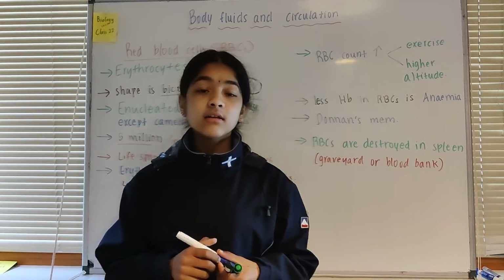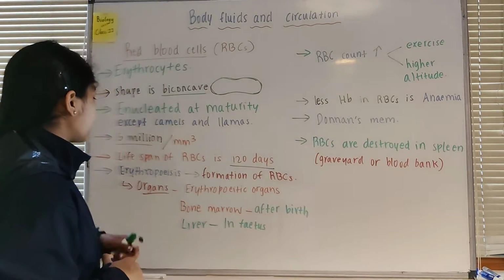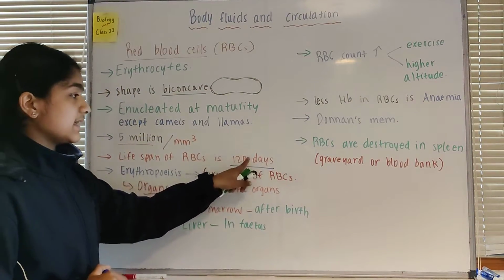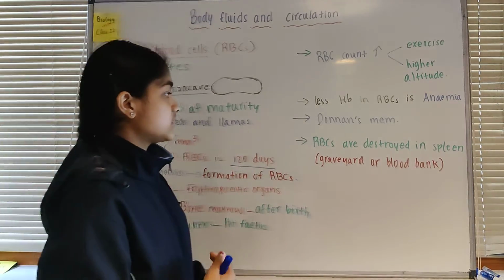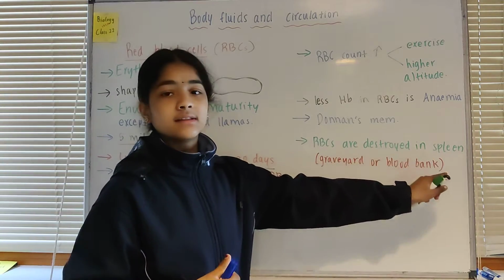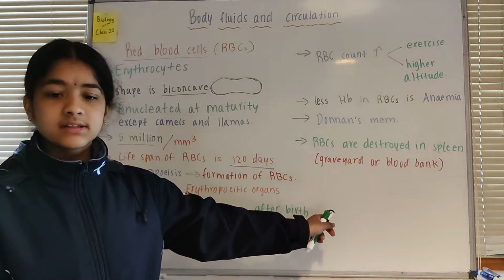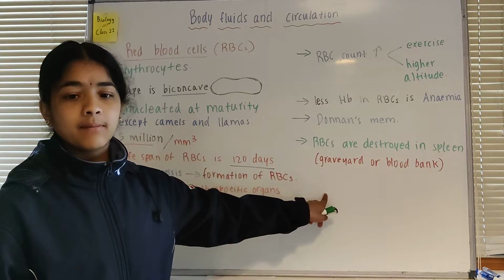So RBCs are normally destroyed in the spleen. Here we told that the lifespan is 120 days. After the 120 days, these usually get destroyed, and the destruction of RBCs takes place in the spleen. Spleen is also known as the graveyard or the blood bank.